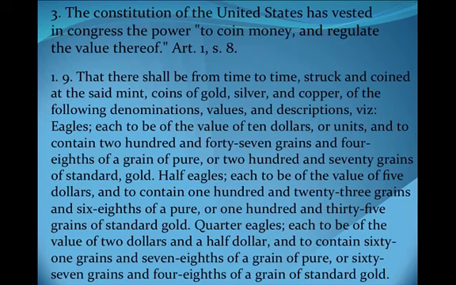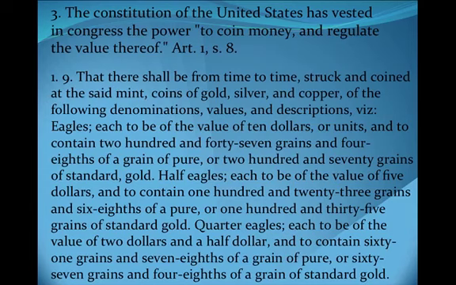The Constitution of the United States has vested in Congress the power to coin money and regulate the value thereof. There shall be from time to time struck and coined at the said mint coins of gold, silver, and copper, of the following denominations, values, and descriptions: eagles, each to be of the value of $10, or units, and to contain 247 grains and 4/8 of a grain of pure, or 270 grains of standard gold.